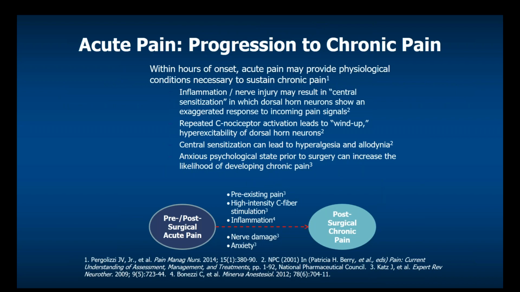Now, how does acute pain progress to chronic pain? Well, the process is extremely complex. But within hours of acute pain, there is always the risk that severe acute pain can transition into persistent acute pain and then to chronic pain. And I just have listed the different mechanisms as to how this happens.